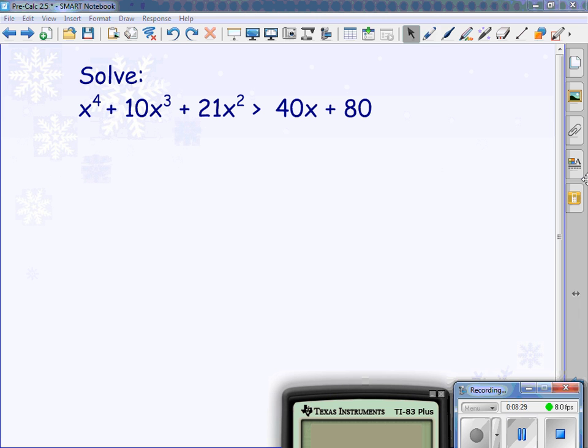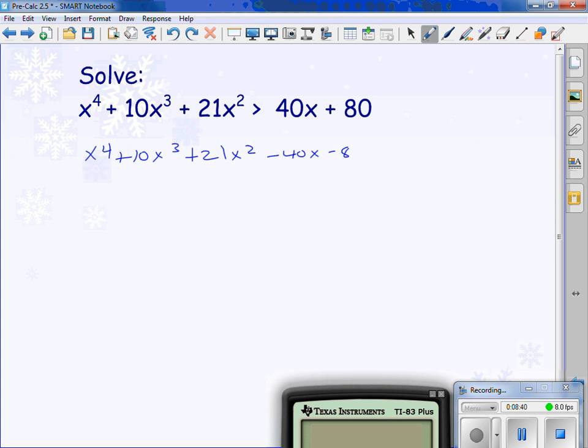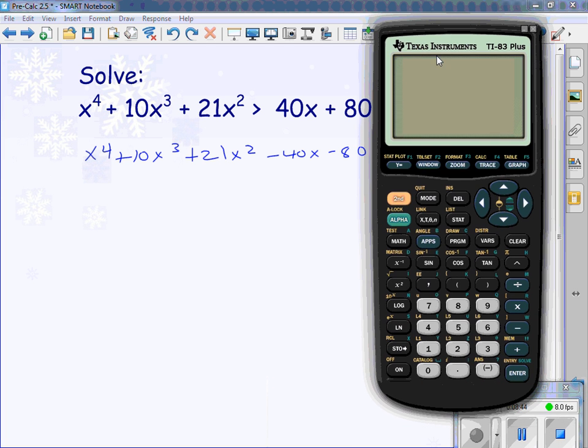So for this problem, first thing I'm going to do is move everything over. X to the 4th plus 10x cubed plus 21x squared minus 40x minus 80 is greater than 0. So I type all that into the calculator.